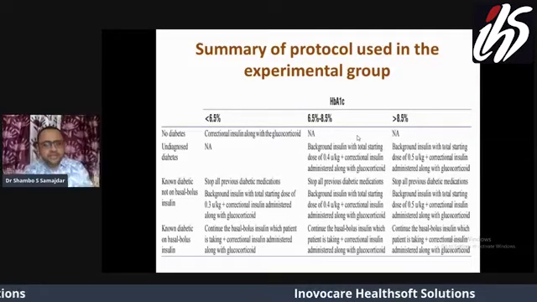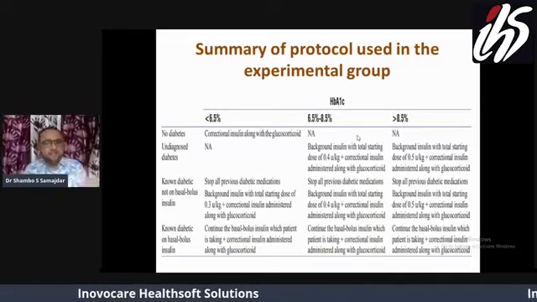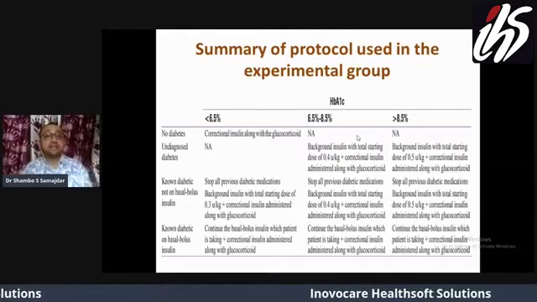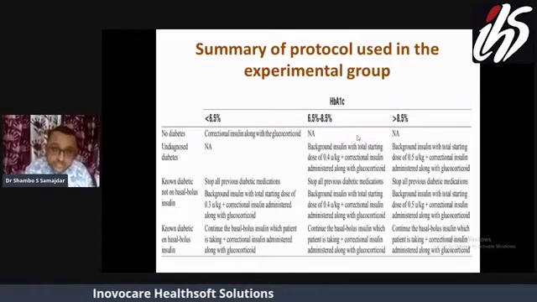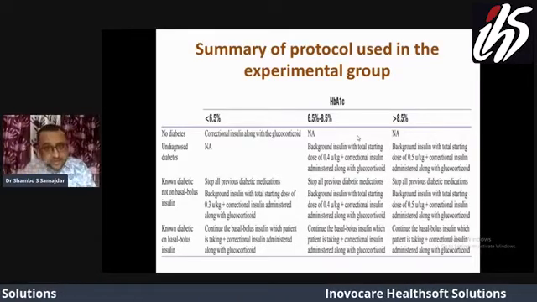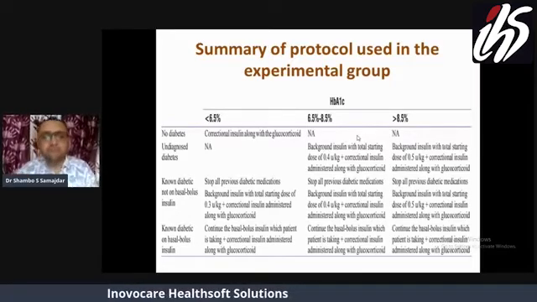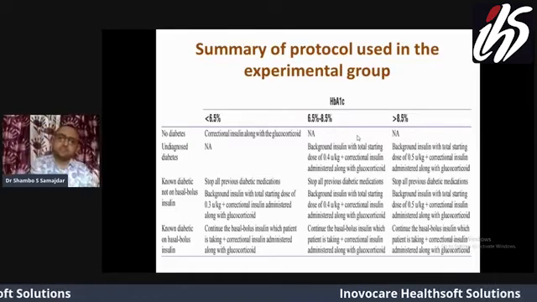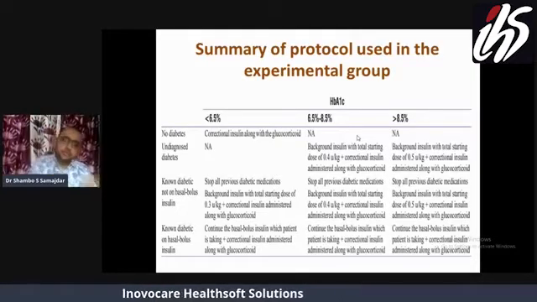So I am not going into details. You can find it on the net, how they divide different groups. First of all, if the patient is not a diabetic patient, that is, the HbA1c level is less than 6.5%. And as Dr. Arindam Rai has rightly mentioned, the importance of measuring HbA1c on the day after admission. So we need to check HbA1c to understand whether the patient has pre-existing diabetes, or whether the diabetes is controlled or not.